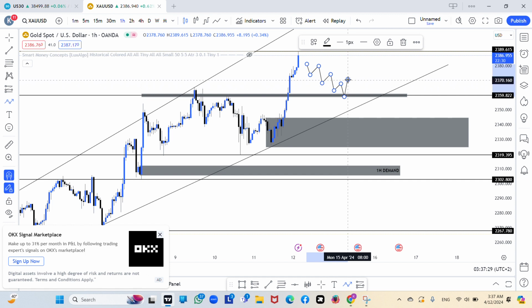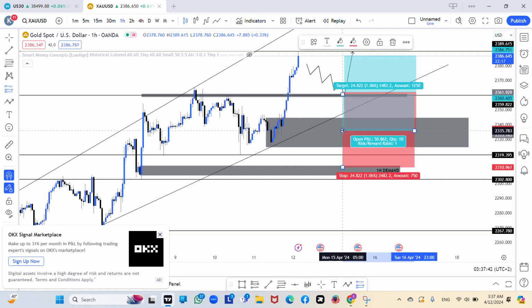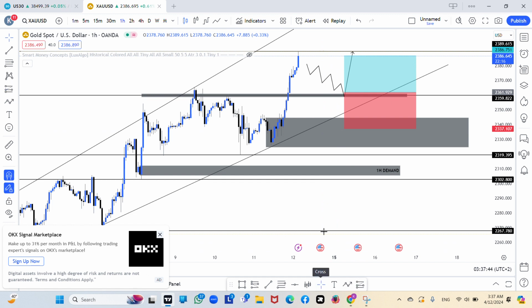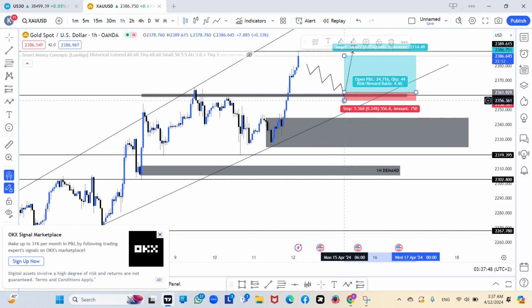And then that's when I will enter my buys, and having my TP right there. Or prices can come to this support and form a double bottom, head and shoulders, maybe in the 5 minutes time frame or something.